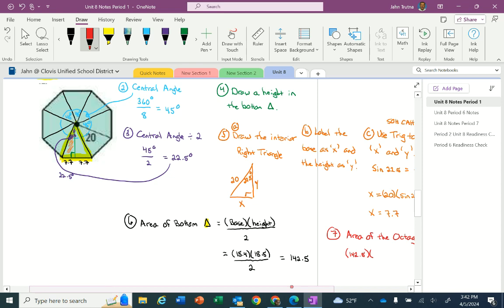So I'm going to go 142.5 times 8, and that is my answer. Type in 142.5 times 8: 1,140. There is my final answer for the area of my regular octagon.